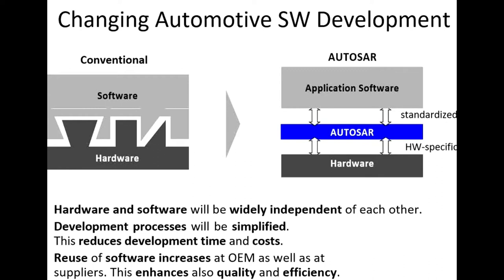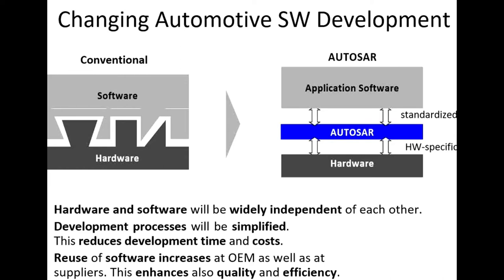But in case of AUTOSAR software, it has a systematic approach to hardware interaction, and it has n number of layers between hardware and the software. You can see in the second diagram, application software and hardware. In between that you have AUTOSAR. So modules don't have direct interaction with the hardware.